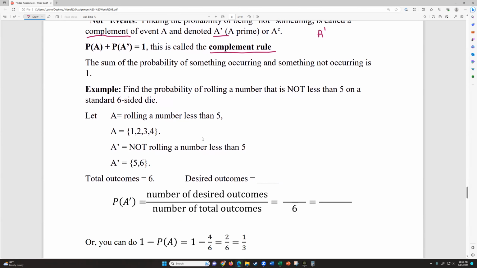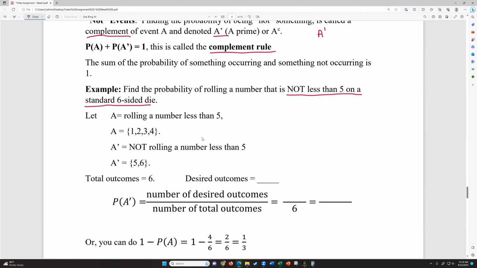Find the probability of rolling a number that is not less than 5 on a standard 6-sided die. So not less than 5, okay? So the event A is rolling a number less than 5, because we've thrown the not in front of it. So those are the numbers 1, 2, 3, and 4. The event not rolling a number less than 5 actually means rolling a number that is 5 or bigger, because we're doing the opposite. That would be 5 and 6.